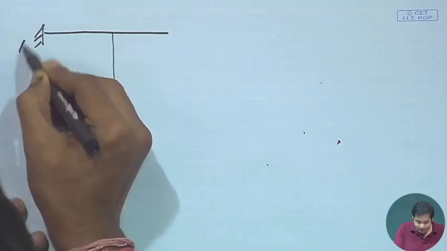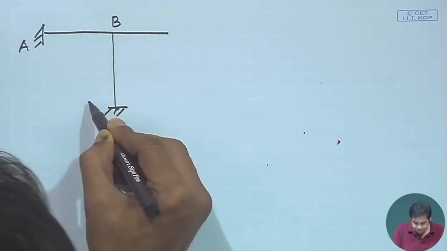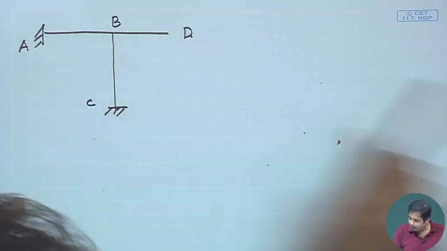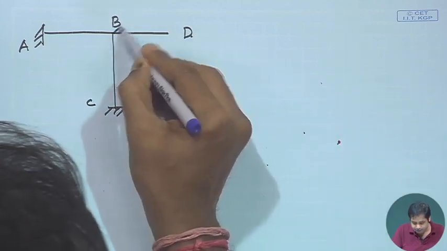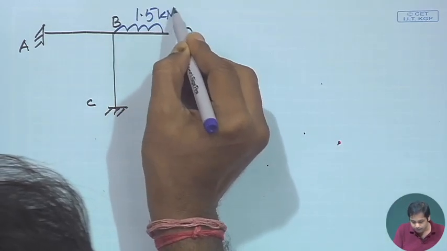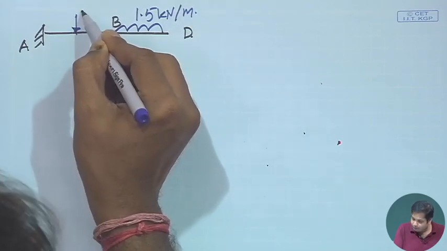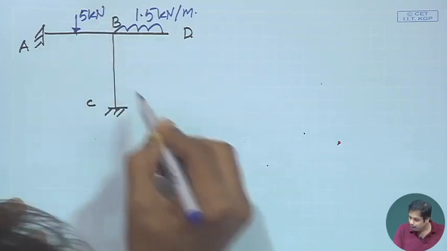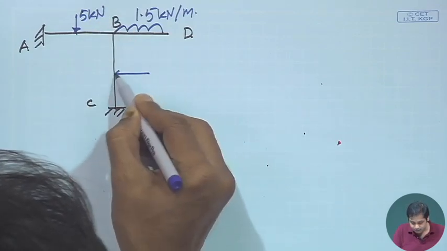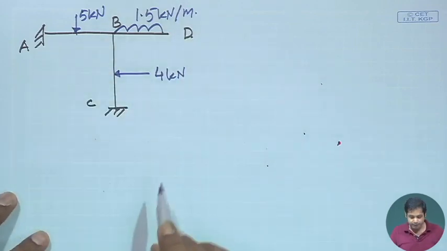So this is A, then B, then C, D, and the loads are: this is subjected to 1.5 kilonewton per meter, there is a concentrated load of 5 kilonewton, and then there is another load here which is 4 kilonewton. Dimensions are given. Okay.